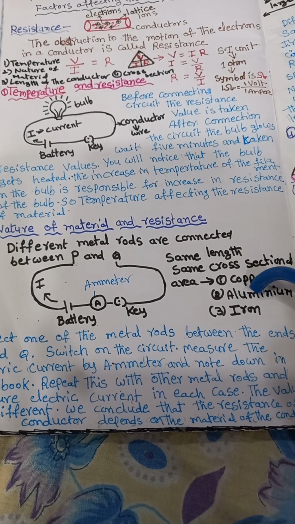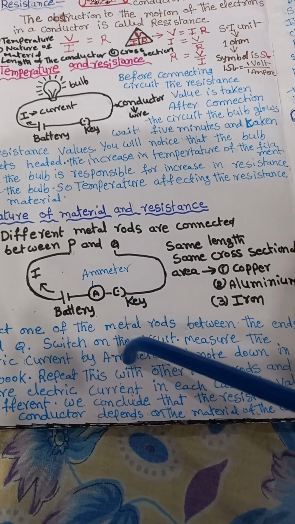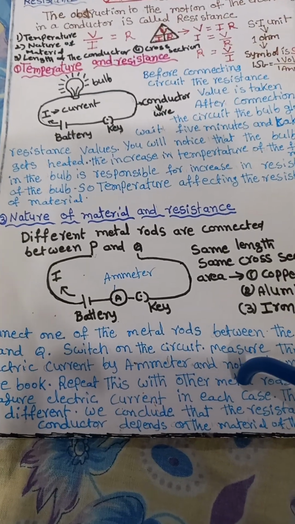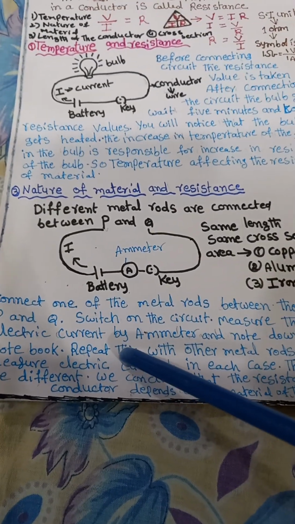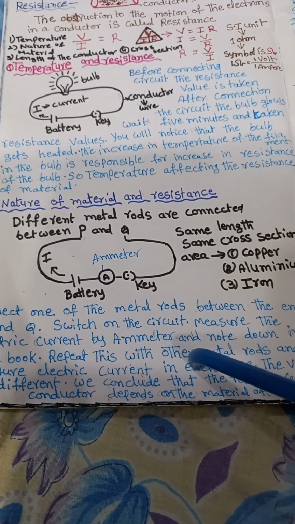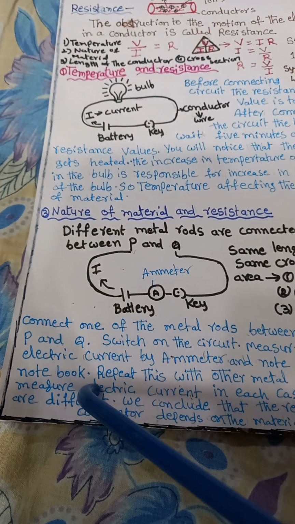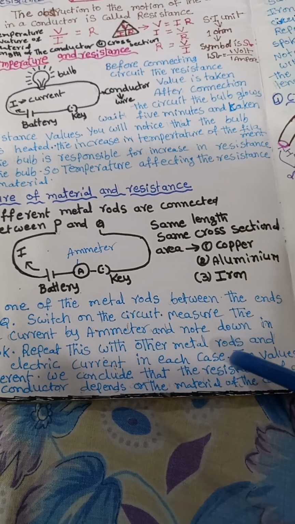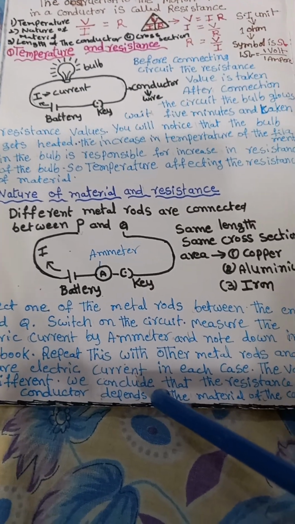First keep the copper piece between P and Q. Switch on the circuit. Measure the electric current by ammeter and note it down in the notebook. Repeat this with other metal rods and measure the electric current.